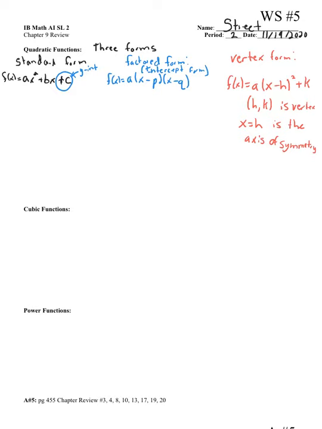And in this one, to find the axis of symmetry, you could say x equals p plus q divided by 2 is the axis of symmetry. And in standard form, x equals negative b over 2a is the axis of symmetry.